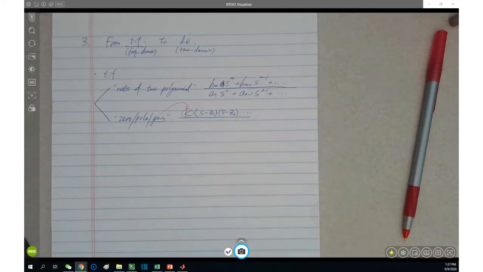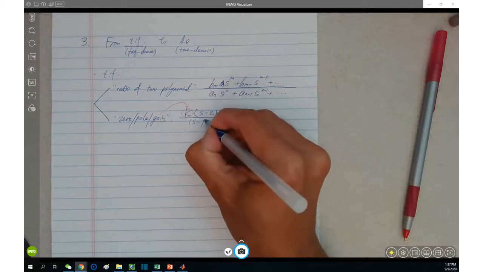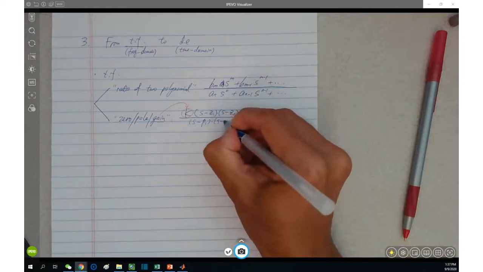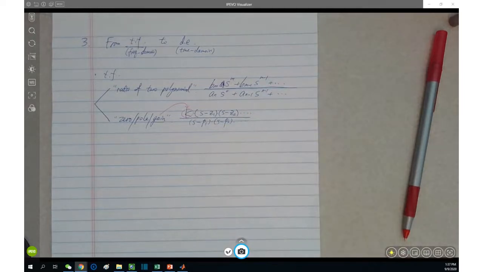You might have many z's. In the denominator, similarly, you have (s minus p1) times (s minus p2), and so on. The product among many s terms.